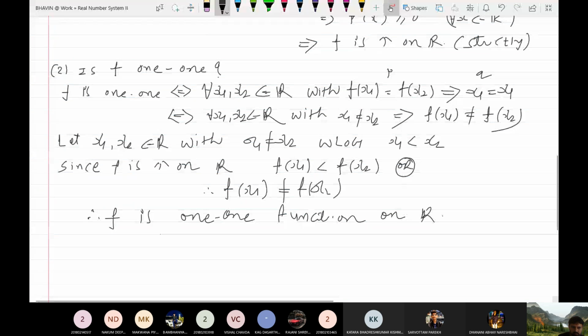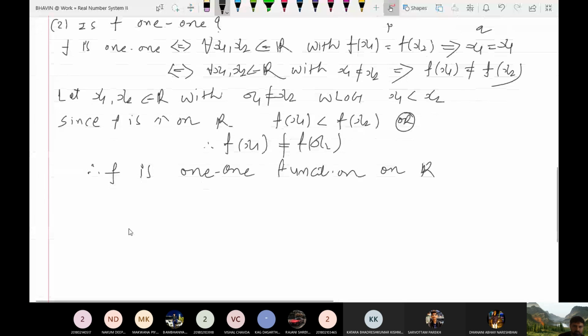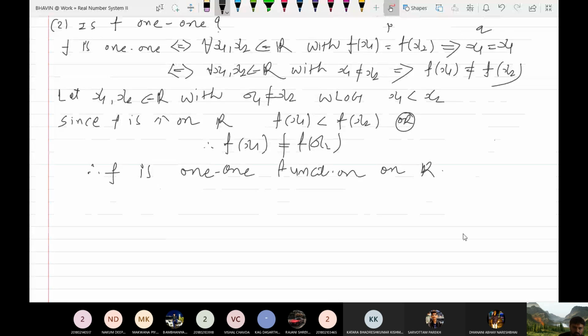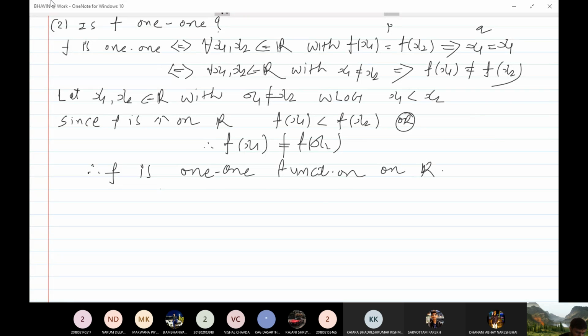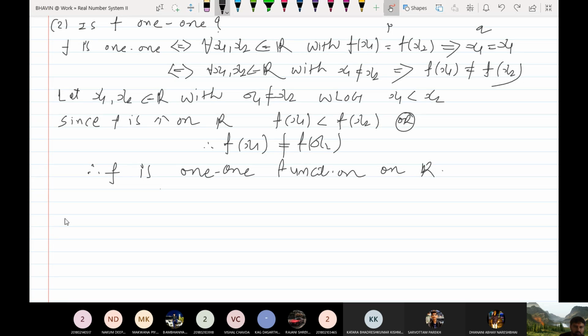So f is also one-one. Now, next thing is this. What can you say about f of R?